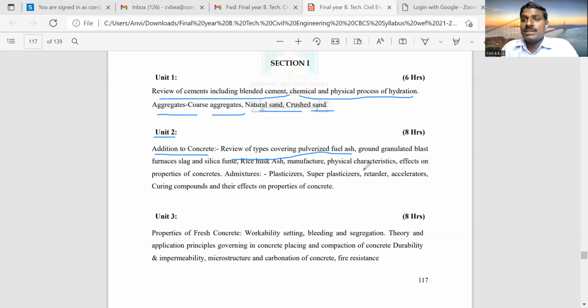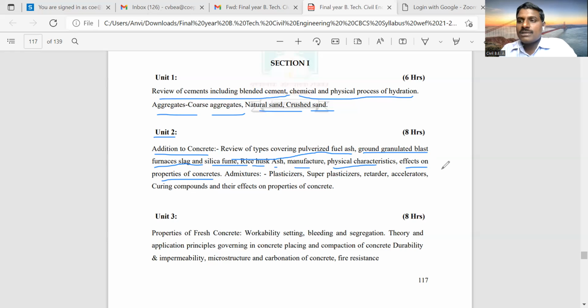So you are replacing cement by ash, then ground granulated blast furnace slag, then silica fume, then rice husk ash, then manufacturing process, then physical characteristics, then effect on the properties of the concrete. So this much addition to the concretes are there.